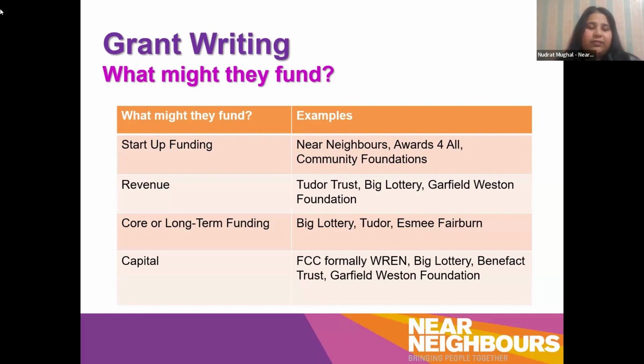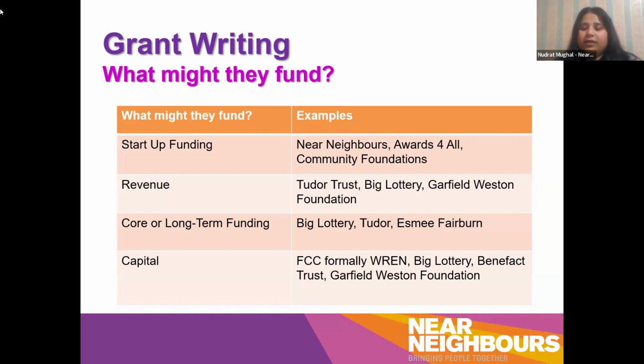And core funding can be sourced from Big Lottery, Tudor Trust, or Esme Fairbairn. And capital funding could be sourced from the FCC, formerly known as REN, which was a local recycling company, and they give grants out to community projects that work with recycling or upcycling within their own local communities.